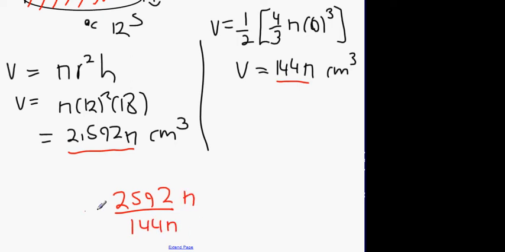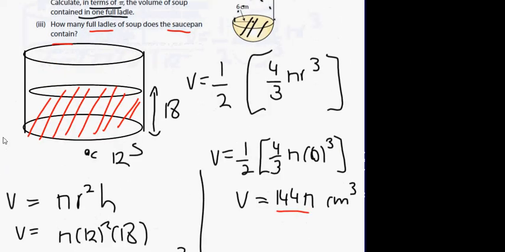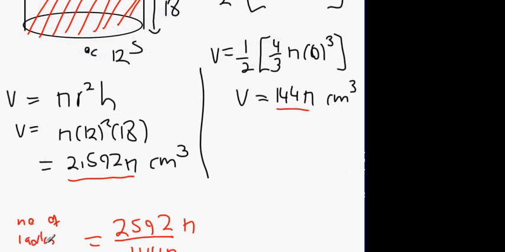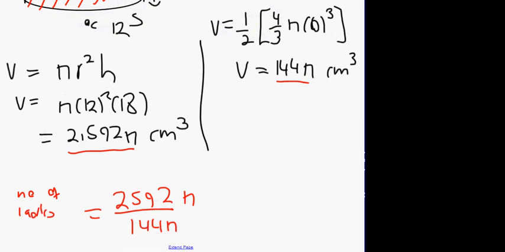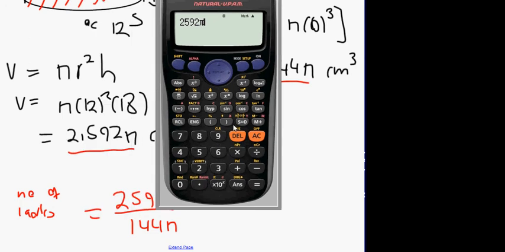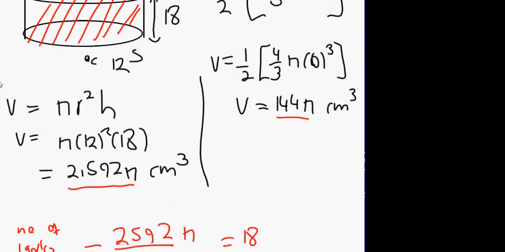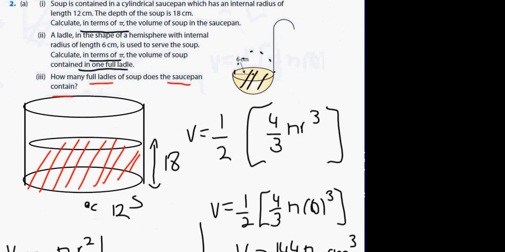It's basically the volume of the saucepan divided by the volume of the ladle. We get 18 ladles. So that's handy enough. Now, 2b.